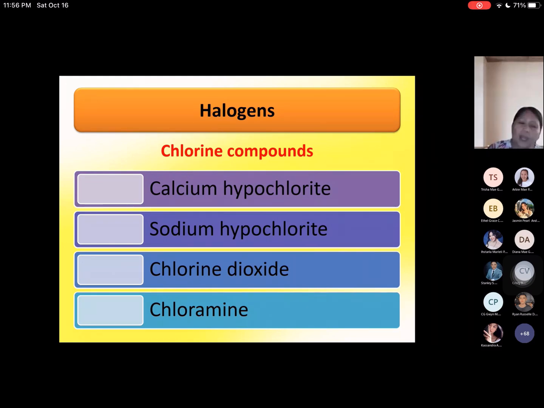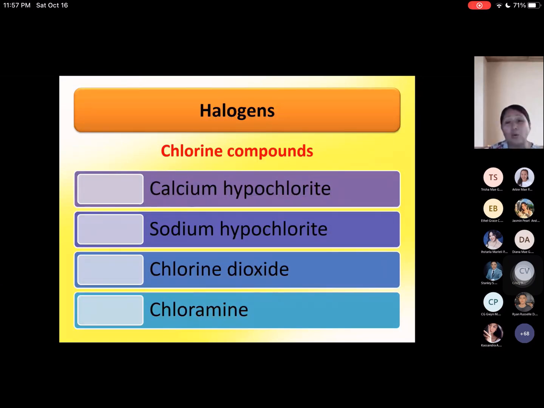And chloramine, as one of the examples of chlorine compounds, is the combination of chlorine and ammonia. This is usually used in municipal water treatment systems. It is also used to sanitize glassware and eating utensils. So chloramine, I repeat, is a combination of chlorine and ammonia. It is used to sanitize sewage or water treatment systems.